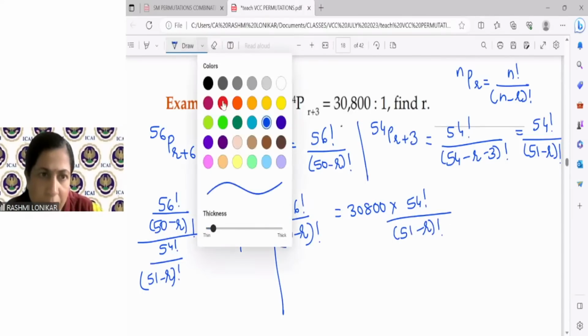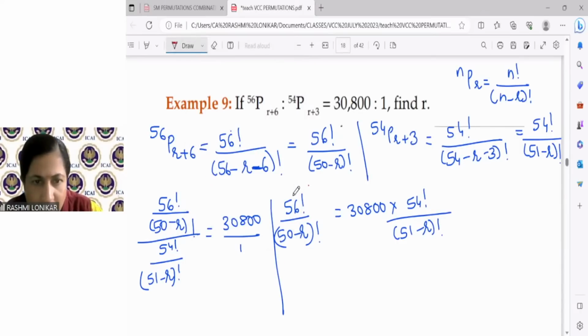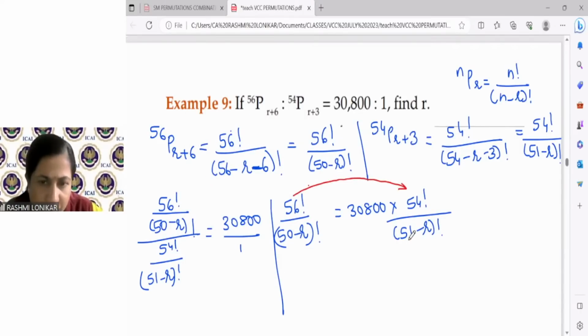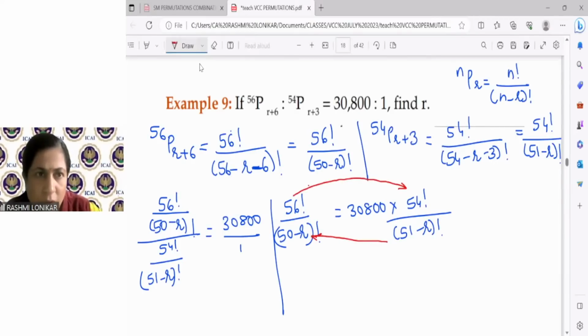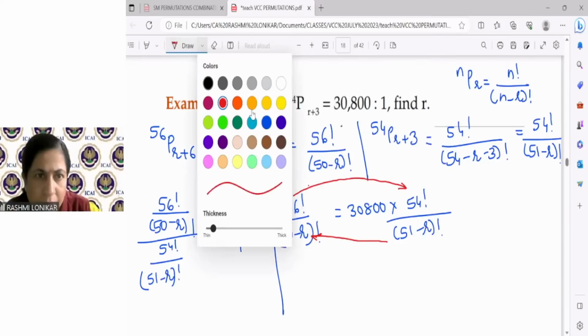Now important, please pay attention. This number 56, I am going to write up to 54, and (51 minus r) factorial I am going to write up till here. So this is equal to, how much is this? 56 up to 54.